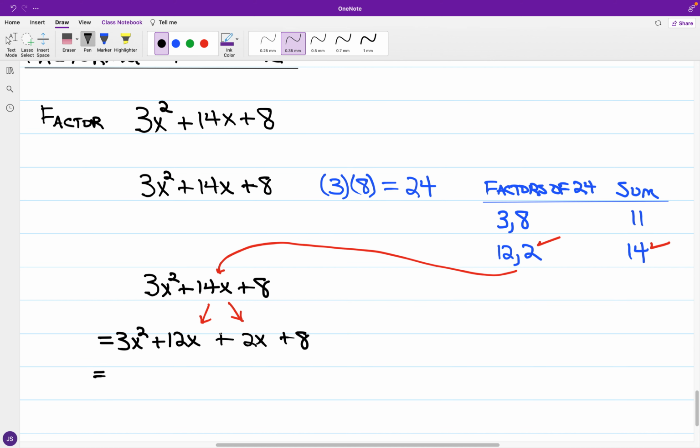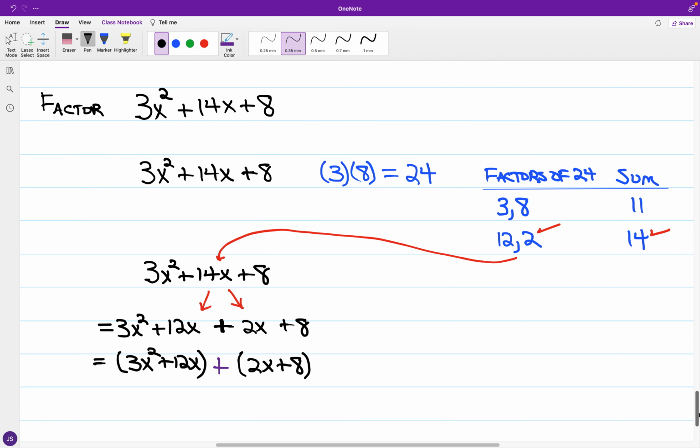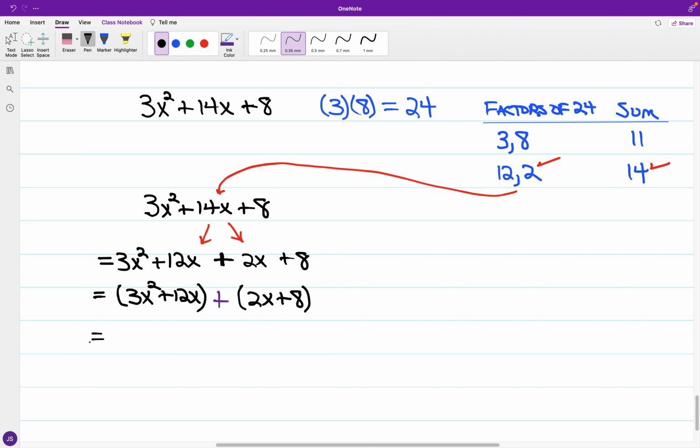Now where the grouping comes in, I'm going to take the first two terms and combine. So I have 3x squared plus 12x, paired up, with addition as the middle operation. And I'm going to group together the last two terms, so we have the quantity of 2x plus 8. Now we'll go through another round of factoring, determining the greatest common factor of each pairing.